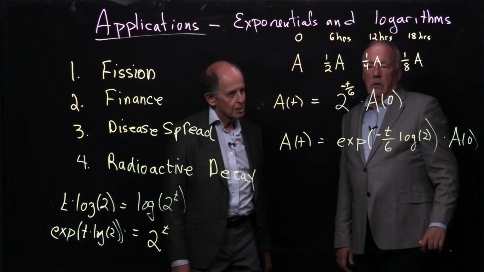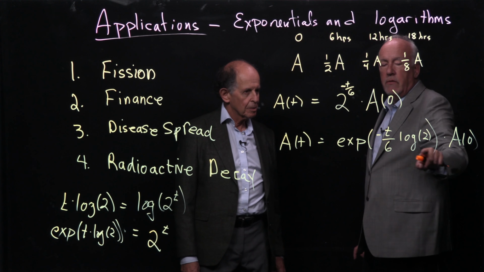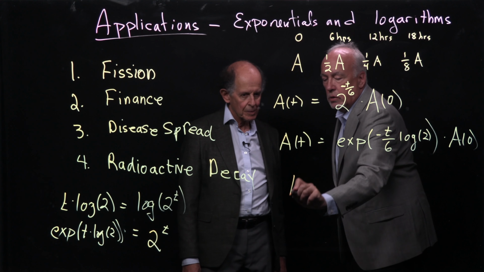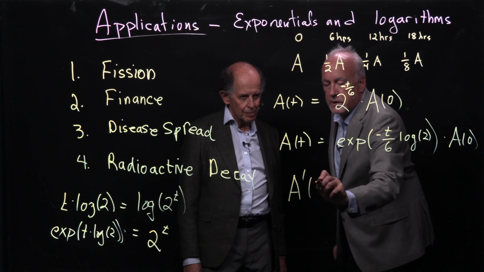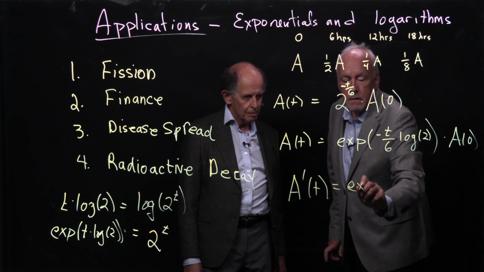Well, there's something else we can notice. This is a function of T. Here we have an exponential of a function of T. This is just T times a constant. So chain rule, the derivative of this guy is going to be this exponential coming back.